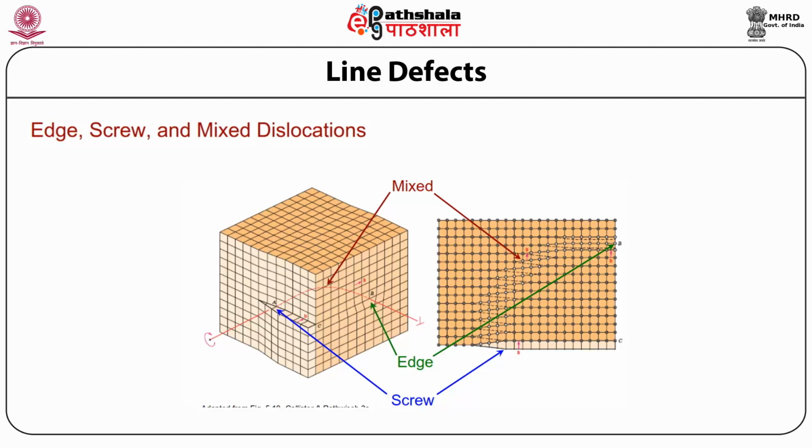You can see that it has a particular path at which our crystallinity or order is somewhat lost. So this is another type of defect.